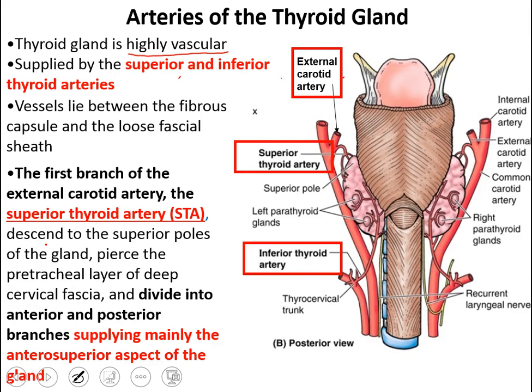So this is a posterior view. As you can see here, superior thyroid artery is the branch of the external carotid artery, just distal to its bifurcation. Here you can see how superior thyroid artery reaches the pole of thyroid gland and divides into anterior and posterior branches.